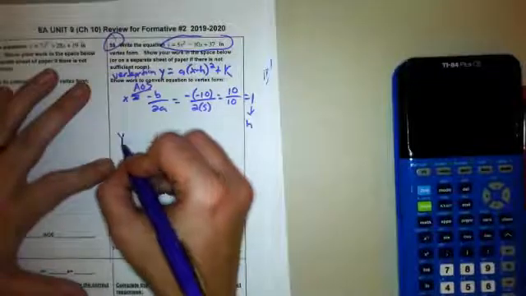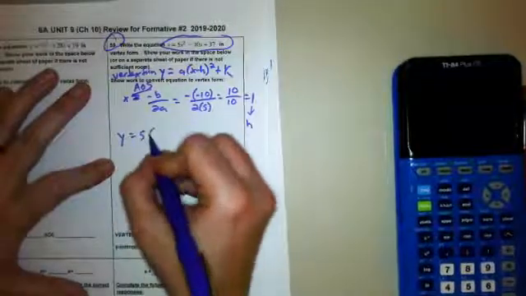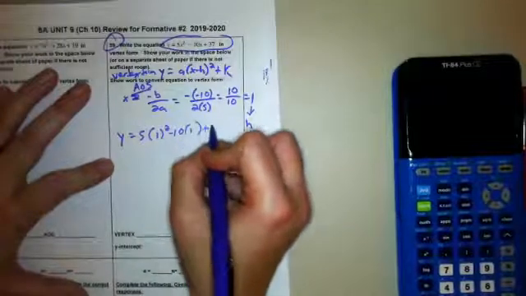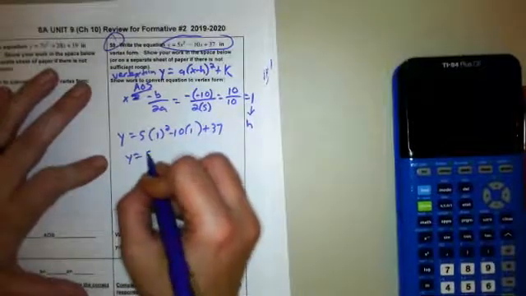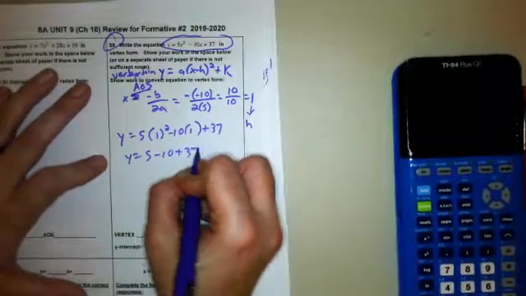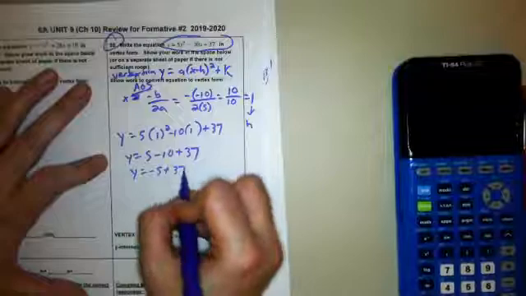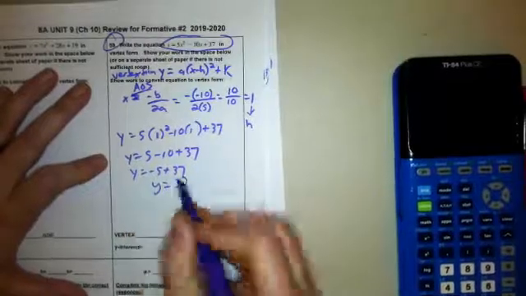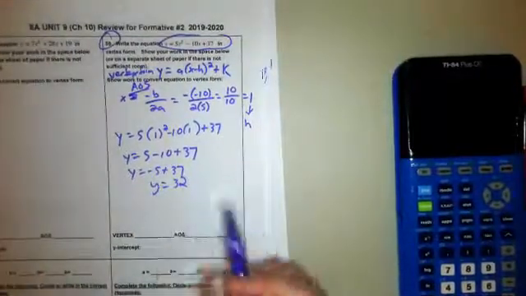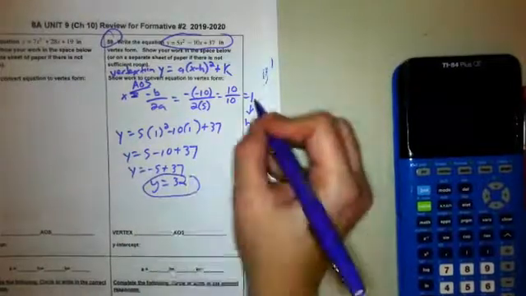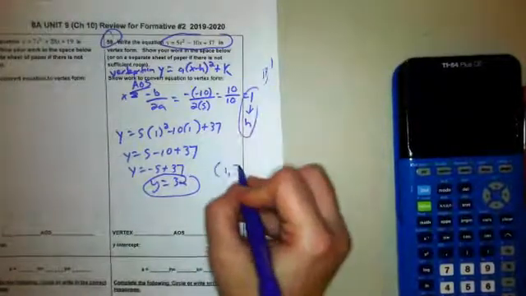So I'm going to go ahead and fill that in. Y equals 5 times 1 squared minus 10 times 1 plus 37. Okay, and that's going to give me y equals 5 minus 10 plus 37, or y equals 32. So if you think about it for a second, we've got our h, that was 1, and 32.